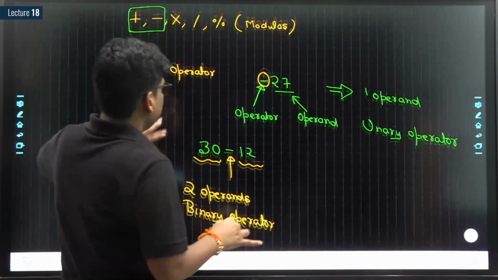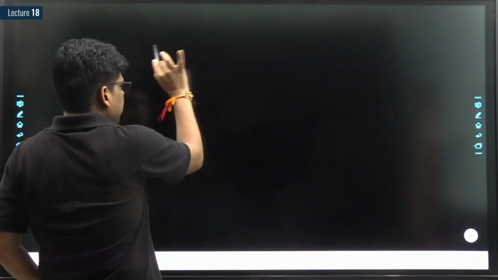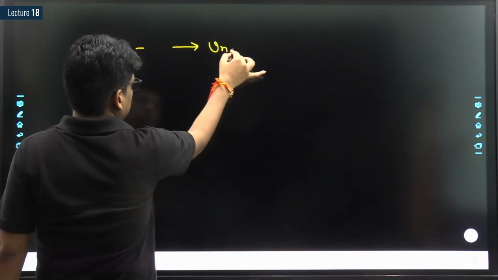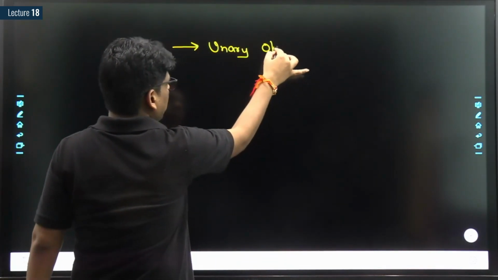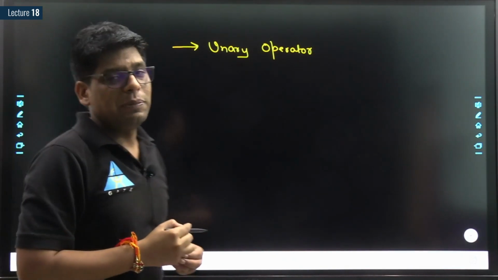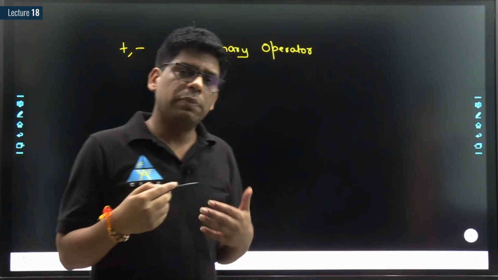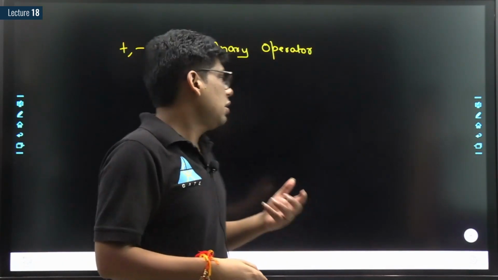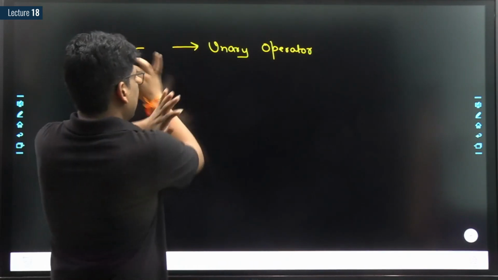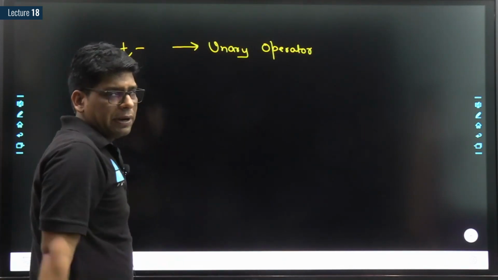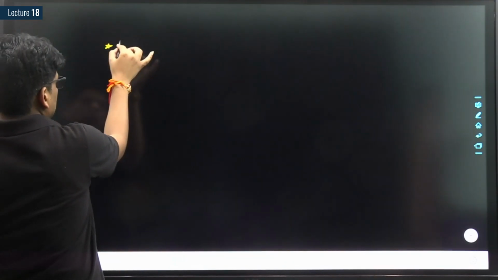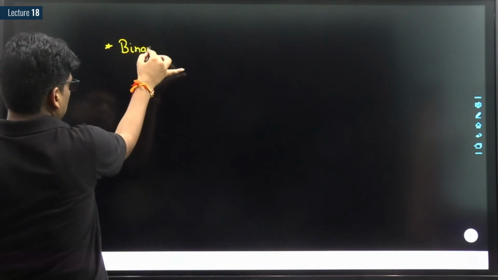Sir, that means if I talk about arithmetic operators, plus and minus could be unary operators if used to represent the sign, or if they take only a single value. But as of now, let's forget about the unary operator. Sir, let me come back to binary arithmetic operators. So all are binary operators.